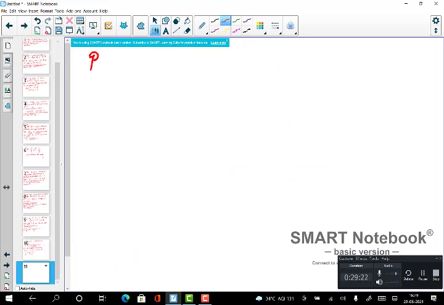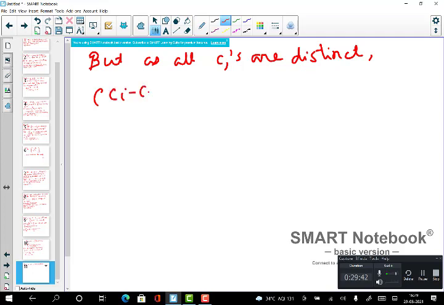But as all the ci's or cj's are distinct, this is given to us, this ci minus cn cannot be 0 for all i equal to 1 up to n minus 1, right?